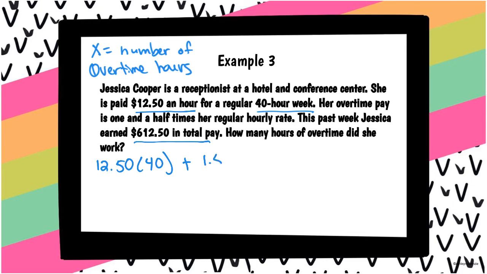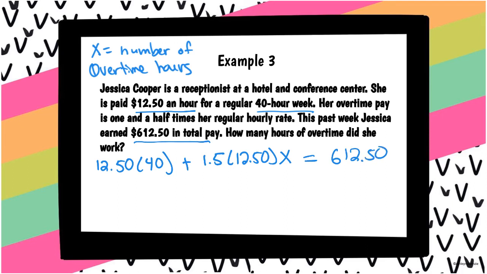Then she makes 1.5 times $12.50 for X hours. 1.5 times $12.50 gives you her overtime rate, and if you multiply that by the overtime hours, that gives you the overtime pay. So we do 1.5 times 12.50 times X. When we add our straight time pay plus our overtime pay, we get a total of $612.50.